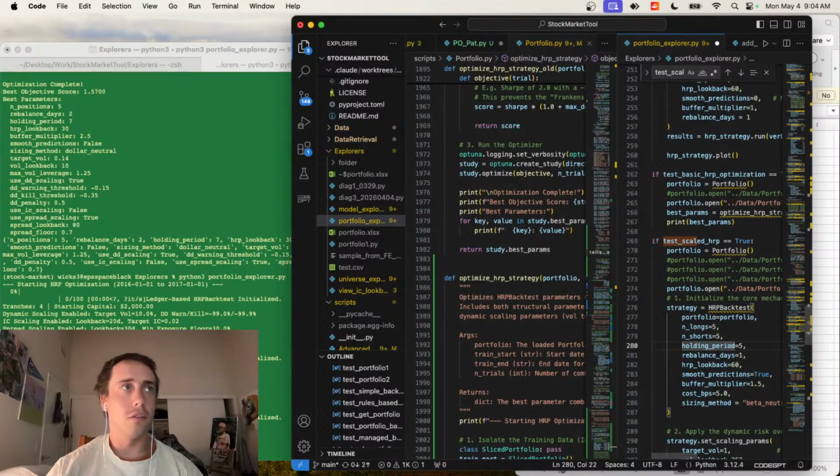Five longs, five shorts. Holding period, 7 days.